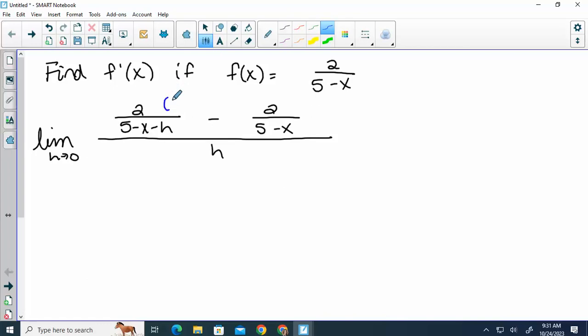So I'm going to take this one times 5 minus x on top and bottom. And this one gets 5 minus x minus h.